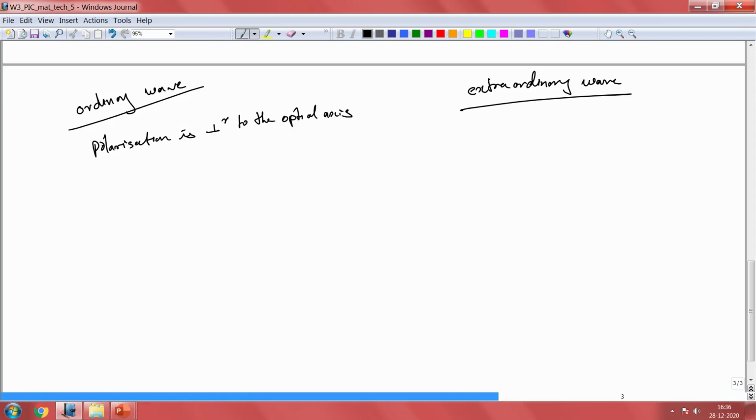All right. So, this is called an ordinary wave, and we use E naught for this. And here the polarization is perpendicular to E naught. So, this is E E. So, this is your extraordinary wave.